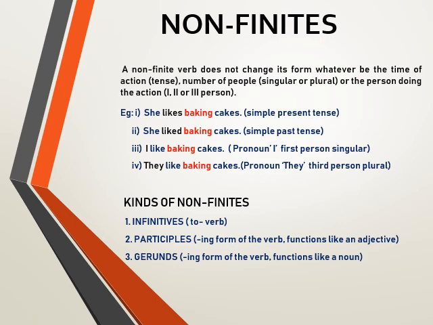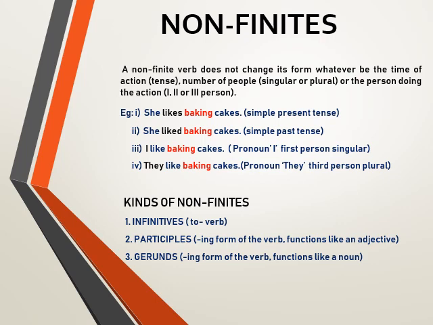Here in the first sentence, she likes baking cakes is in the simple present tense. In the second sentence, she liked baking cakes is in the simple past. But the verb baking has not changed. Similarly, in the third sentence, I like baking cakes, the pronoun I is in the first person singular.